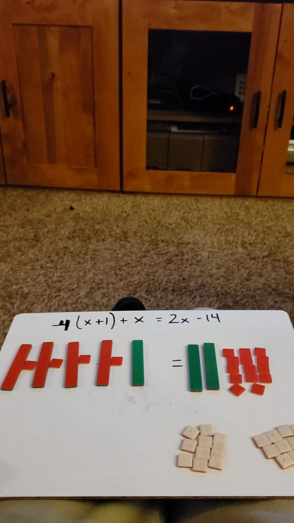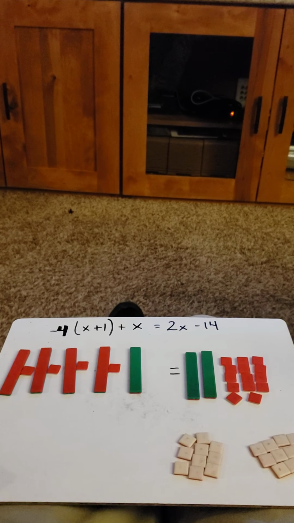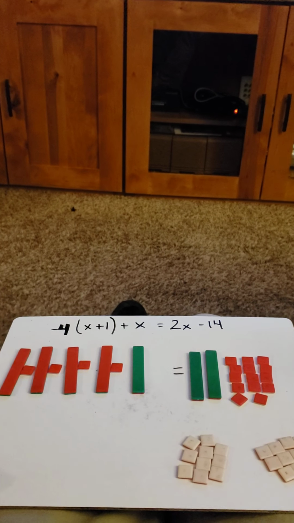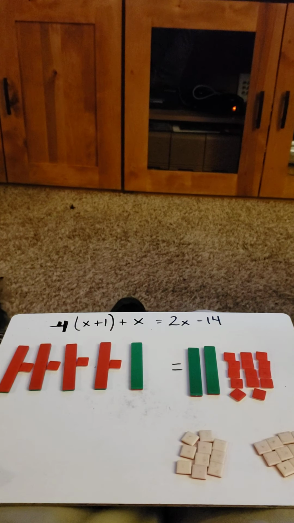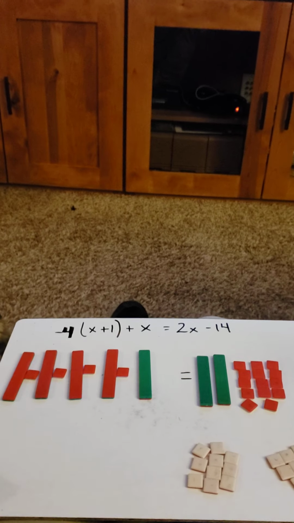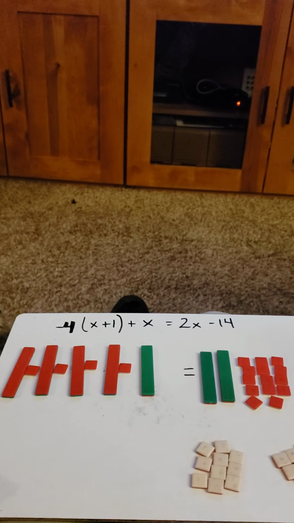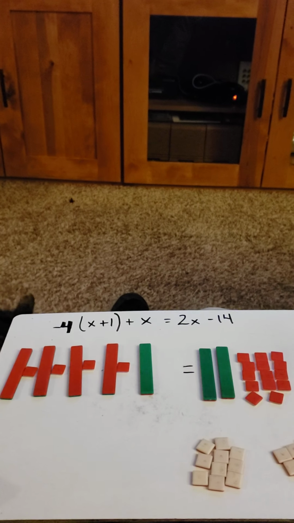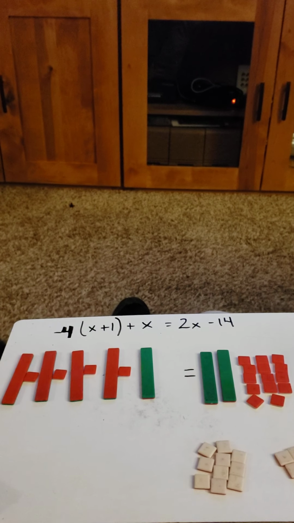The problem I have right here on my board is negative 4x plus 1 plus x equals 2x minus 14. So on this board I have a minus x and a minus 1, and I have 4 of those.